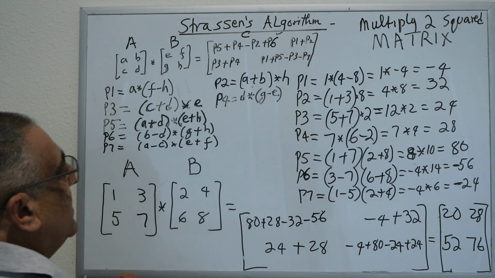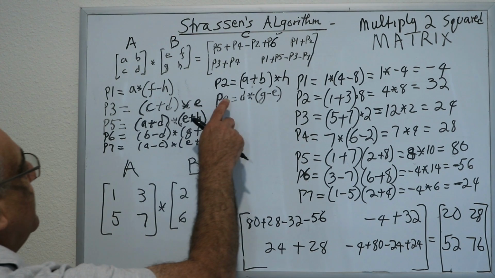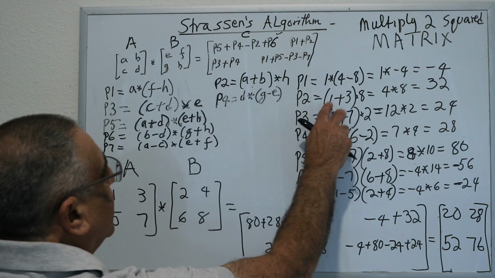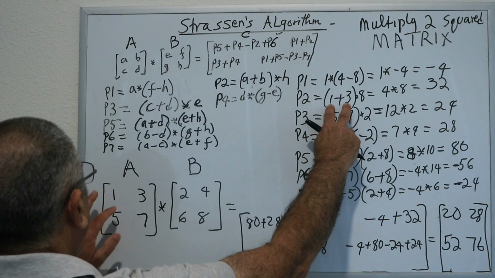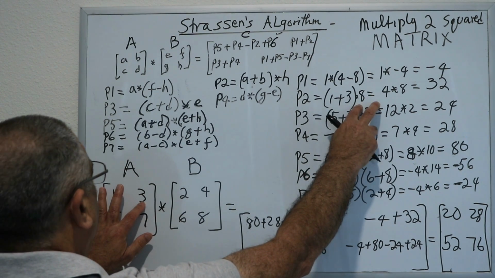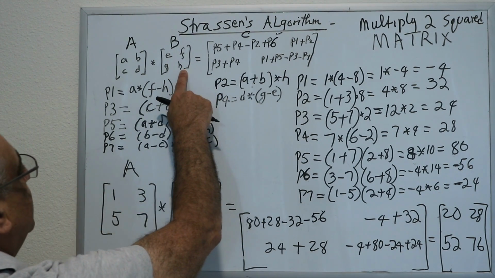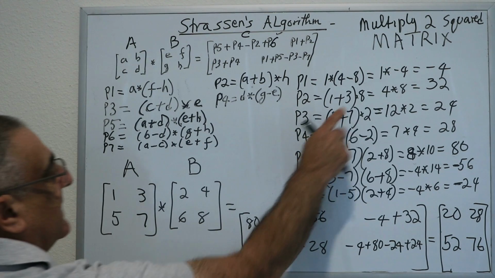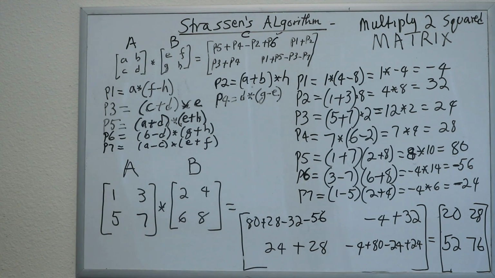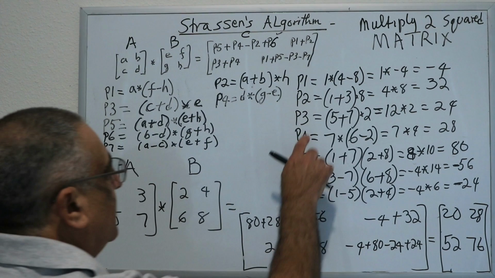Then he goes to P2. Well, to generate P2, it's A plus B times H. Well, A plus B, A is 1, B is 3, and H is actually, what's the value of H? That's 8. So this becomes 4 times 8, which is 32. So let's do one more.